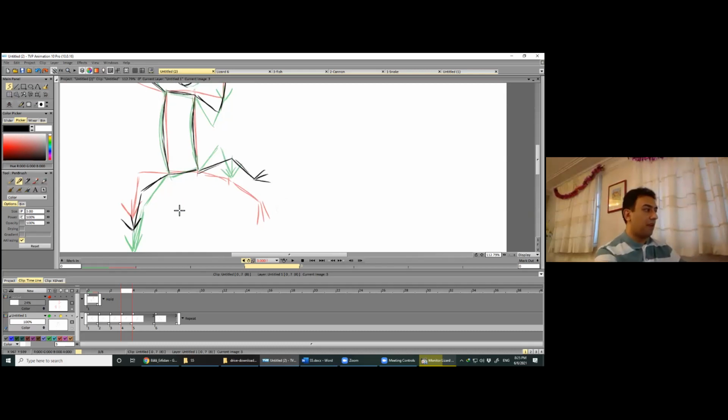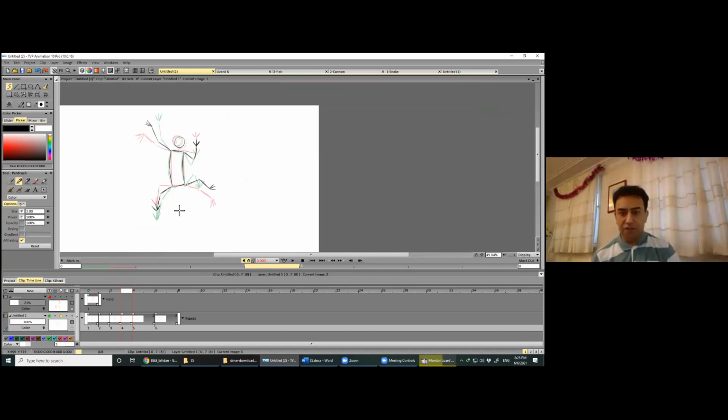Okay. If you remember from the previous session, if we are dealing with a symmetrical cycle, we do not need to animate the whole cycle. If we just animate half of the cycle, we can duplicate it and flip it horizontally to make the second half.